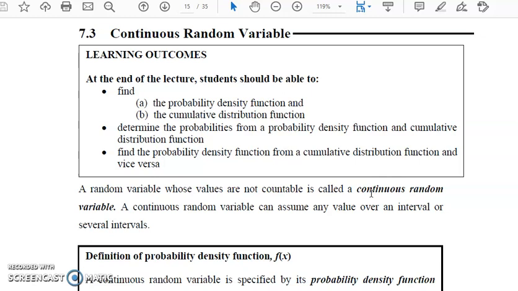It's actually the same learning outcome as 7.2, just this is for the continuous random variable. As we know, a continuous random variable is not countable, so in highlight, this is not countable. As for discrete in 7.2, it is countable.